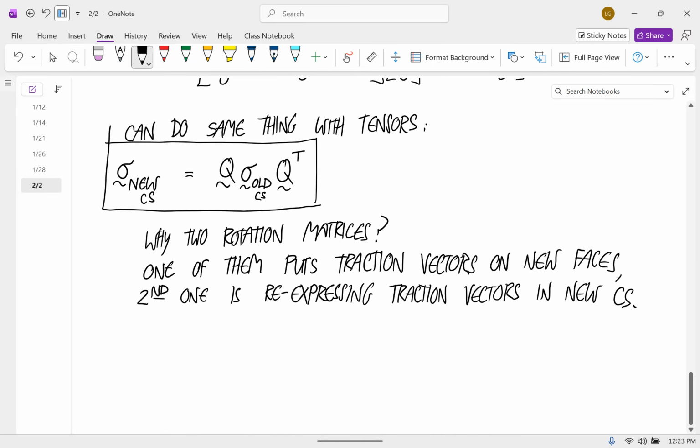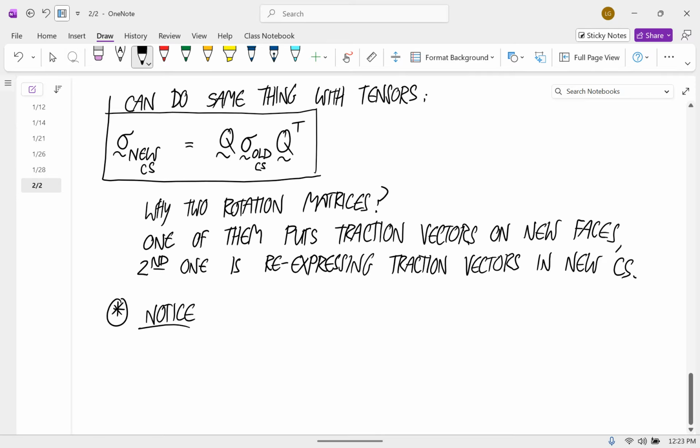And one thing to remember here: what does that transpose do? Well, rotation matrices are a type of matrix called orthogonal matrices.